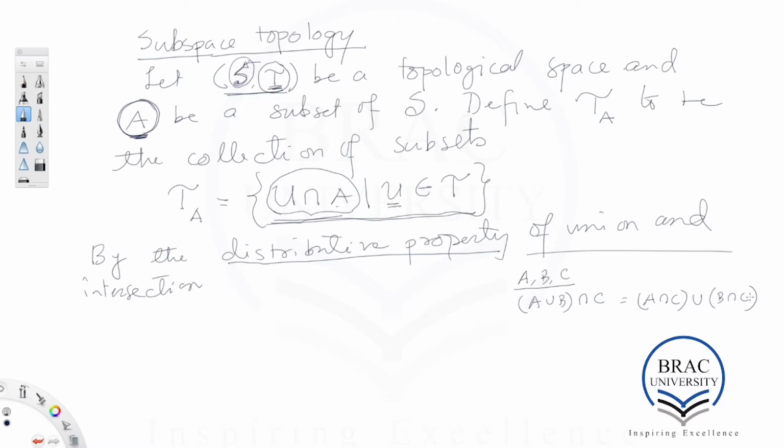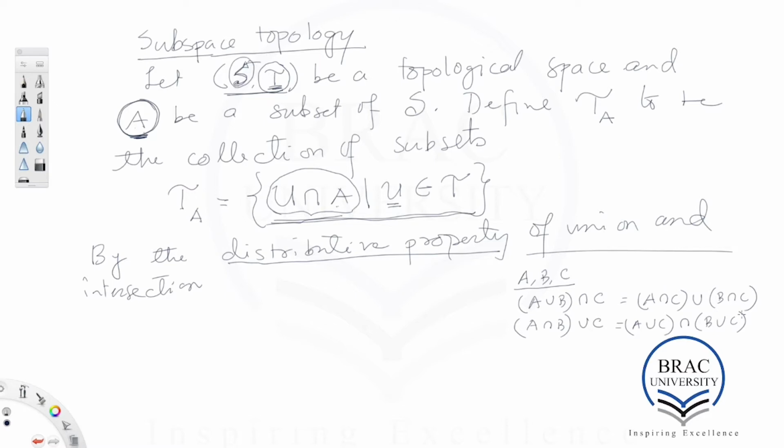And also A intersection (B union C) is the same as (A intersection B) union (A intersection C). These are the distributive properties.